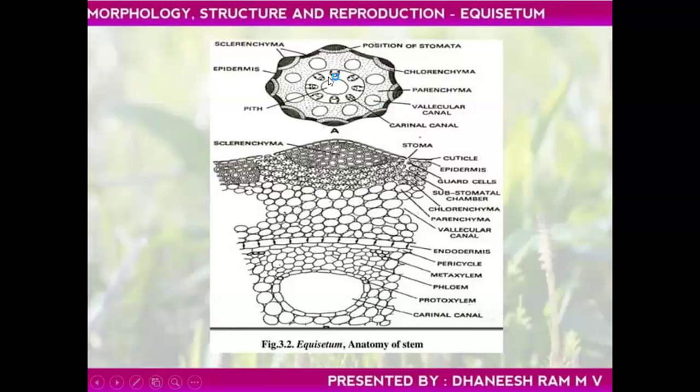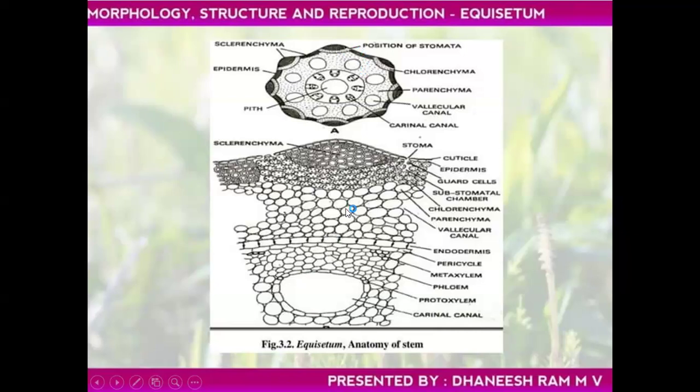We can see that these vallecular canals lie just opposite to the furrows. This is a very important point: the empty spaces or cavities lying just opposite to the furrows are the vallecular canals.